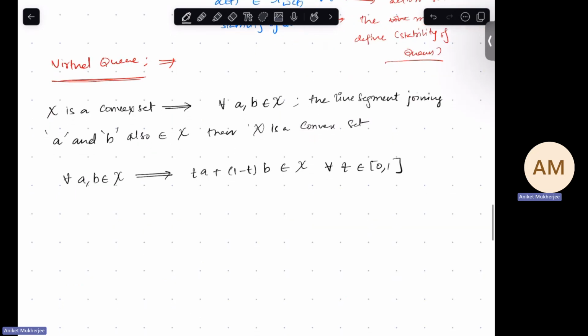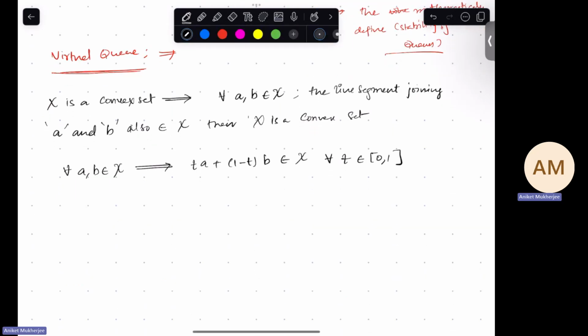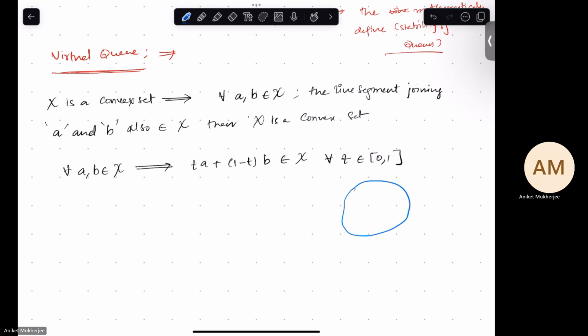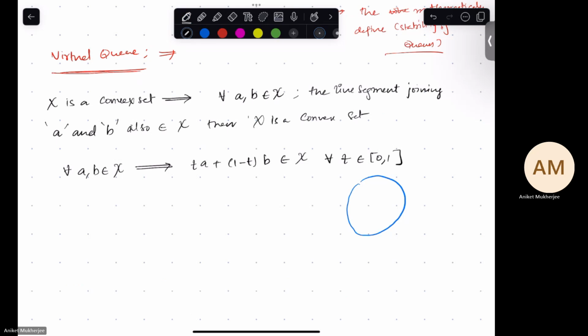An example of a convex set is a perfect circle. You have A and B, but the whole line segment also lies inside X. The first one is convex.